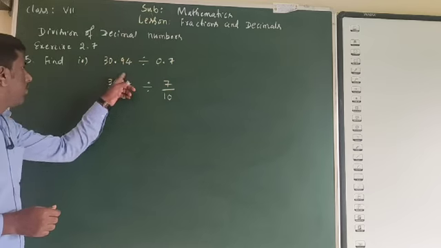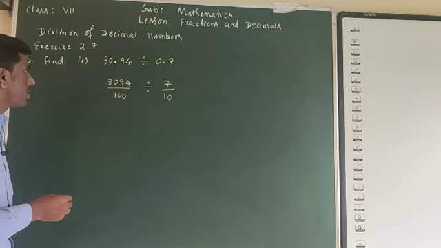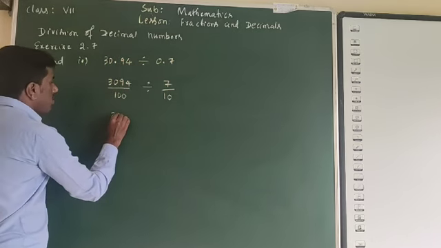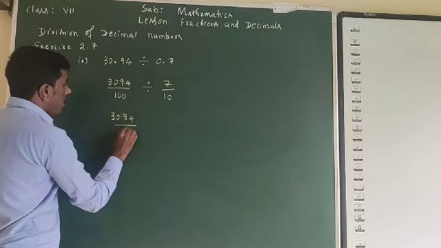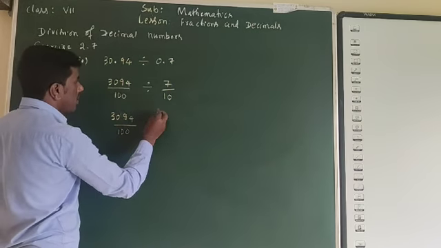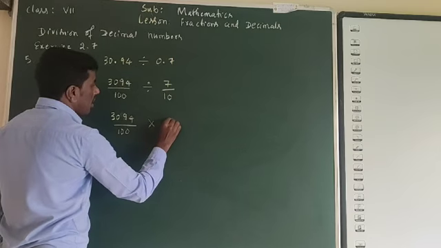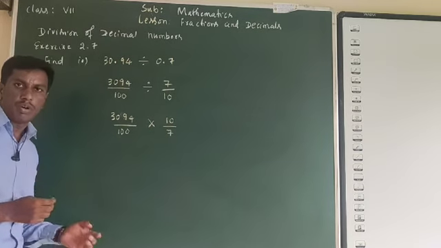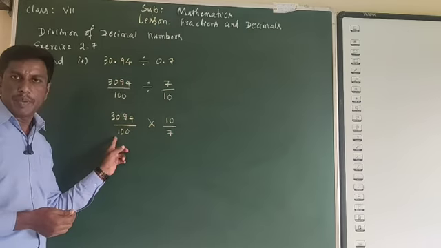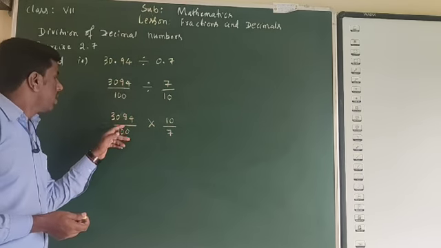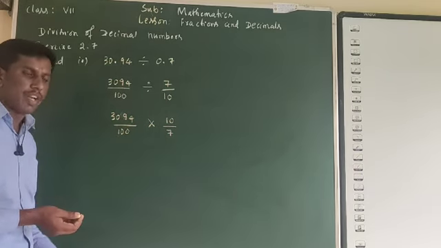Now it is in fraction, division of a fraction by a fraction. So write the first number as it is, 3094 divided by 100. According to a multiplication operation, then 10 by 7. Okay. Now, numerator multiplication, denominator multiplication, because it is multiplication of a fraction by a fraction.